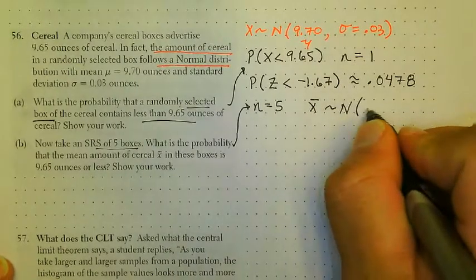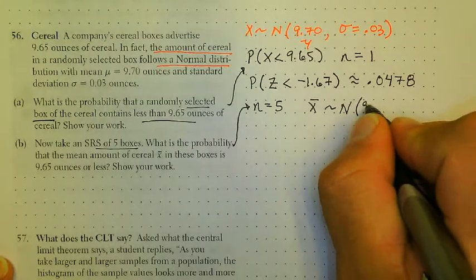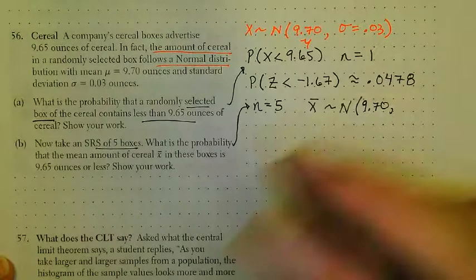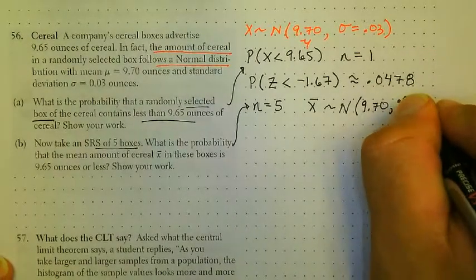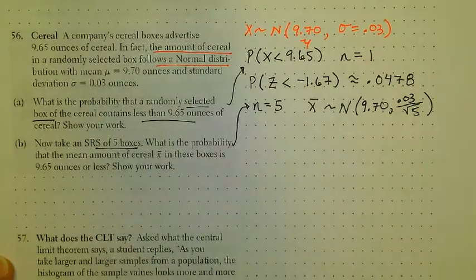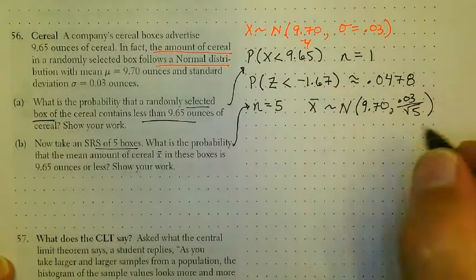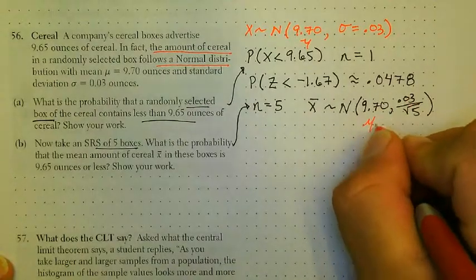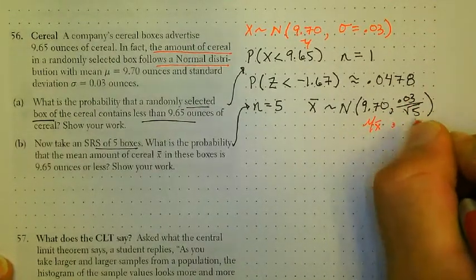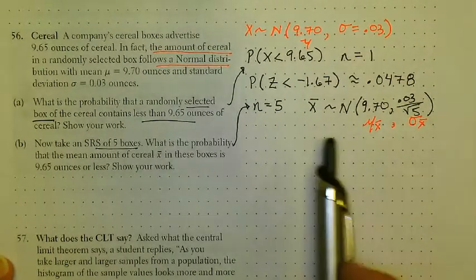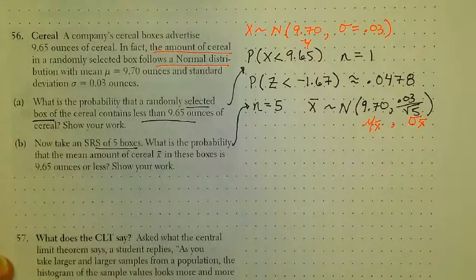And we have 9.70 as our mean. And we have 0.03 all over the square root of 5 as our standard deviation. So this right here is mu sub x bar, and this right here is sigma sub x bar. These formulas are on your formula sheet.